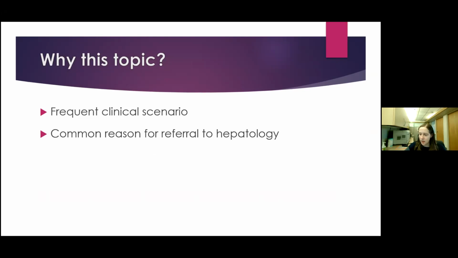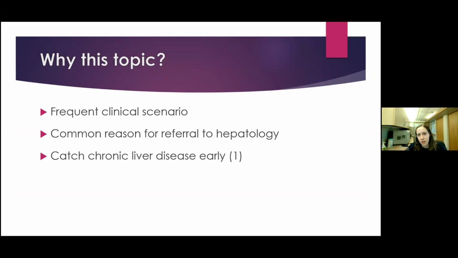I got to rotate through our clinic here at UW last fall, and a lot of patients come through with mild elevations in their LFTs, some of whom have had part of the workup, but often didn't have the entire initial workup for this issue. And lastly, this is a nice way to catch chronic liver disease early.